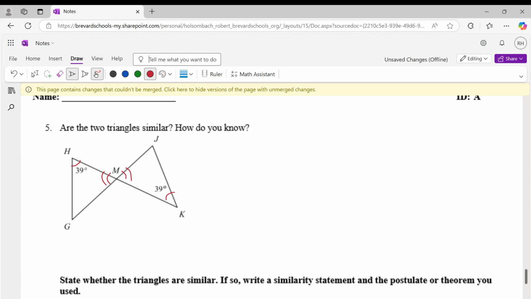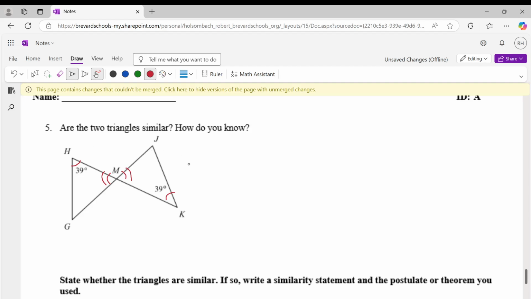And then this week, we talked about the angle-angle similarity theorem that stated if two angles of one triangle are congruent to two angles of another triangle, then the triangles are similar.